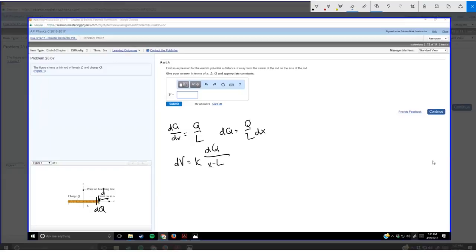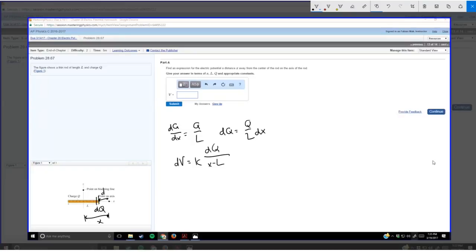In other words, when I count up my slices, I can't use x. This is going to seem kind of silly, but x is this distance, and that is what it wants: an expression for electric potential a distance x away.